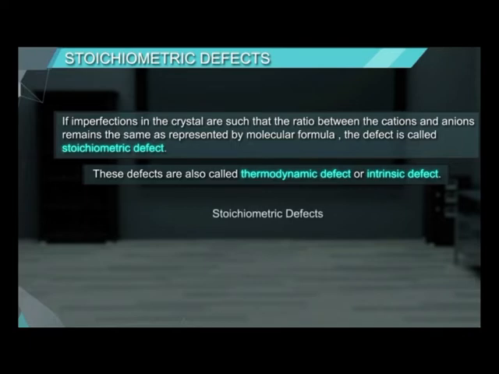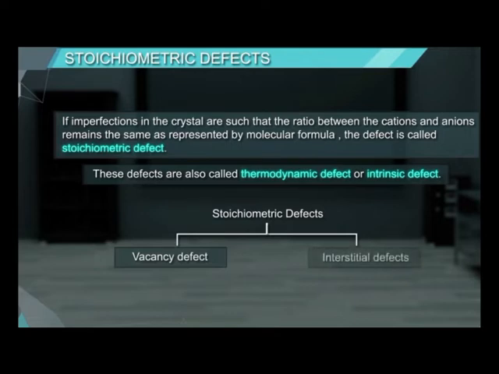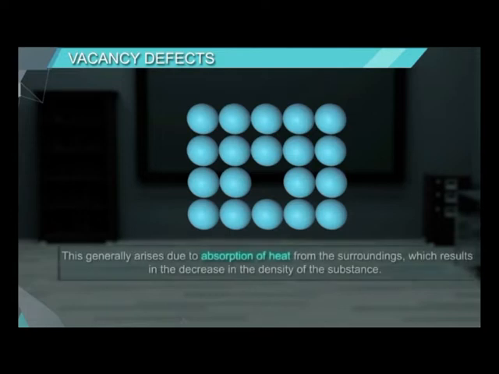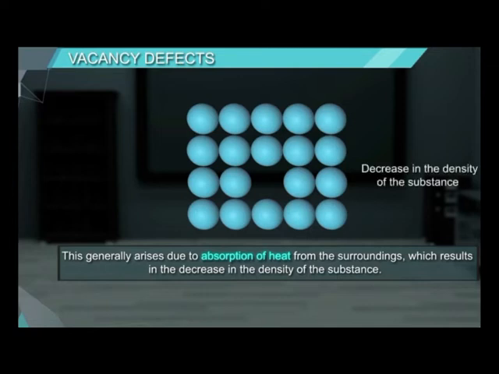The stoichiometric defects are of two types: vacancy defect and interstitial defect. Vacancy defect. In a crystalline solid, if some of the lattice sites are vacant, the crystal is said to have vacancy defect. This generally arises due to the absorption of heat from the surroundings, which results in a decrease in the density of the substance.